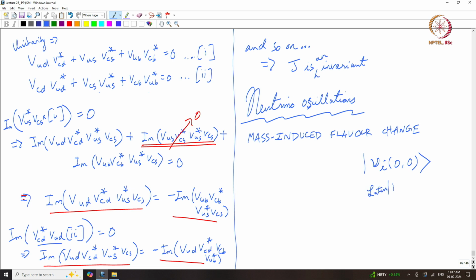So Latin or Roman indices like i, j, k stand for the mass eigenstates of the neutrinos. And when I use Greek indices like alpha, beta, gamma, that stands for the flavor eigenstates.